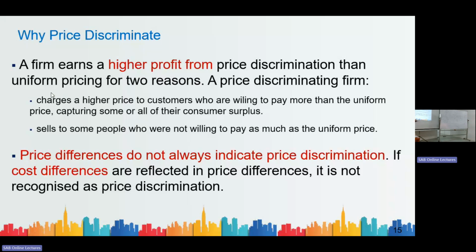In the location where the price is lower, they will have a higher demand. Maybe the customers located in location B are highly price sensitive. Their price elasticity is high. So that's why they are charging a lower price. When charging a lower price, they can increase the total revenue.